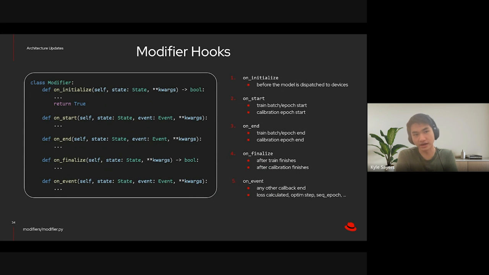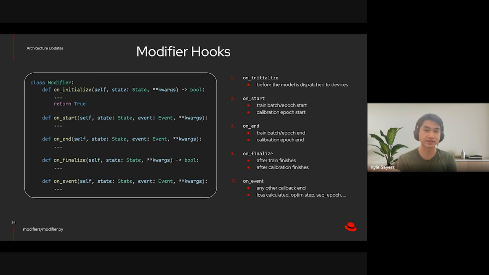You can see here that each of these methods gets called at different times within the pipeline, or within the life cycle. On initialize gets called before the model is dispatched to devices, so you can guarantee that the model itself is not split up between a ton of GPUs. On start is called on the epoch start, right before calibration starts, or during training, on the train epoch or batch that you've specified.